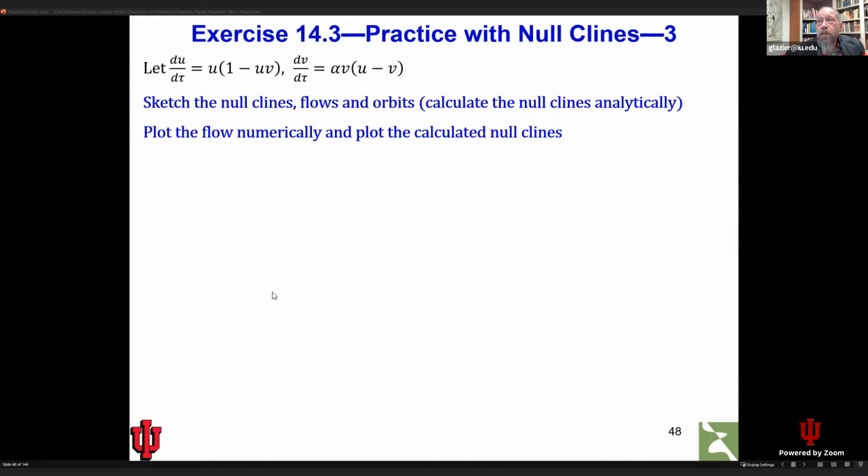So now let's try this one. Doesn't look like a huge difference, right? Like a mess, actually. Well, calculating the nullclines by hand takes a little bit more work this time. Not a lot.